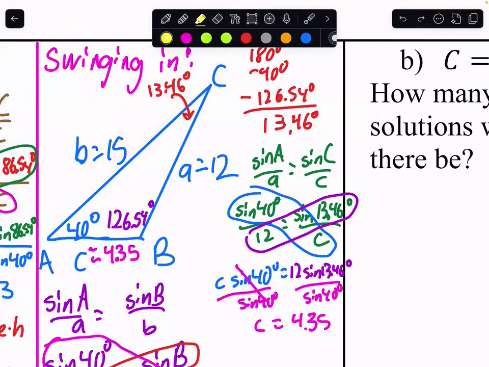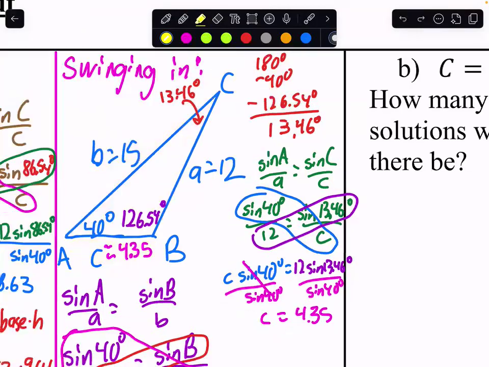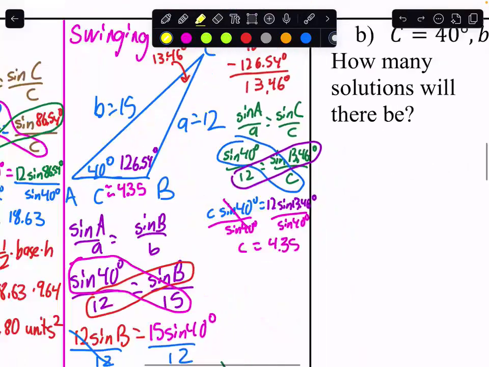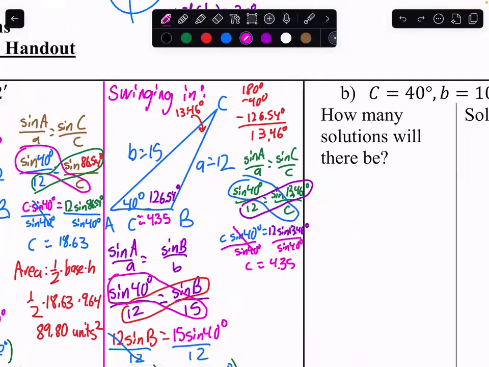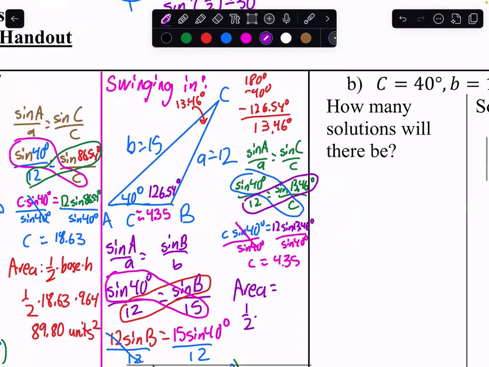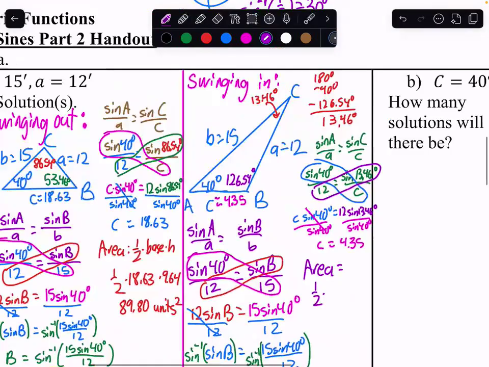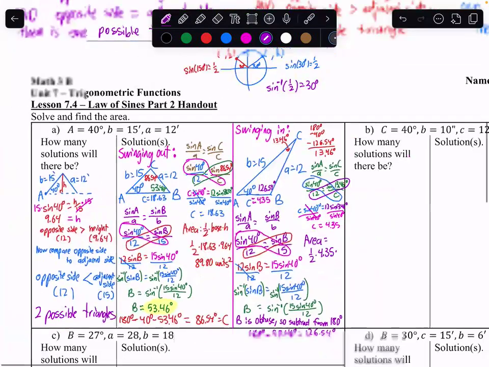The shortest side of 4.35 is opposite the smallest angle. Okay, so those measurements are correct. And now this triangle will have a different area than the first one. Okay, so it's still 1/2 times base times height. The base is now 4.35, but the height does not change.